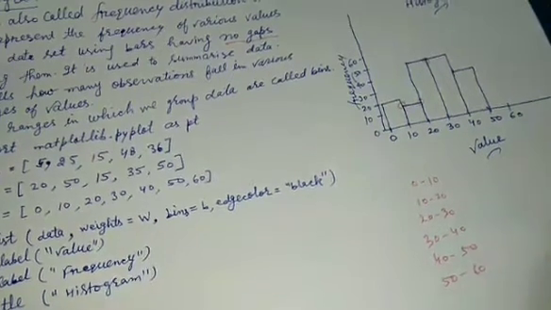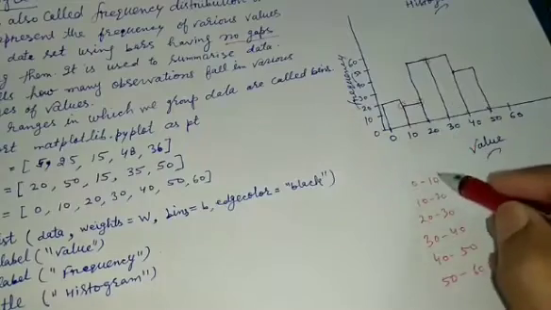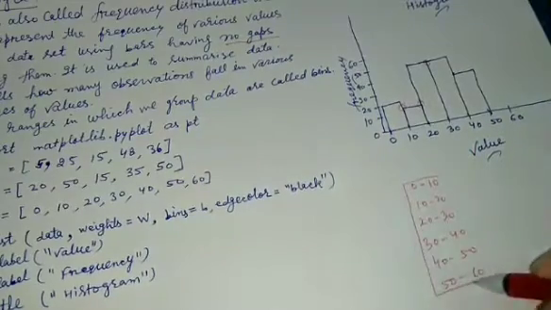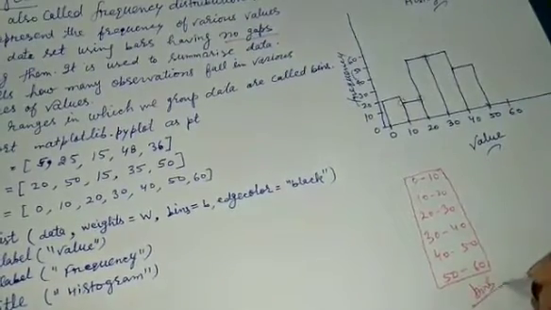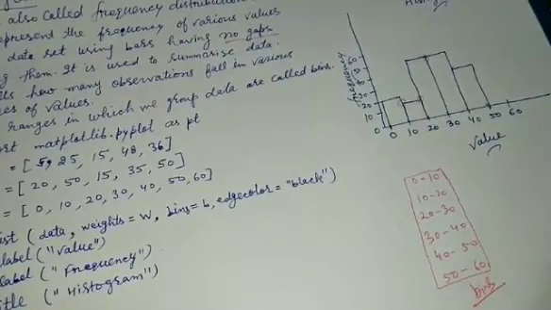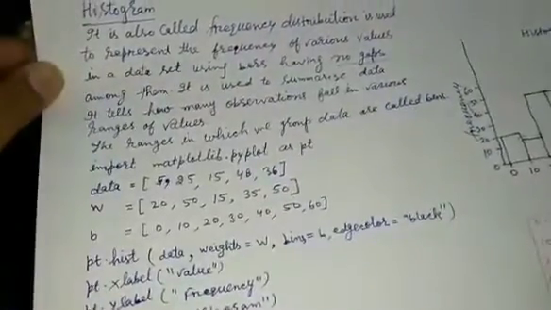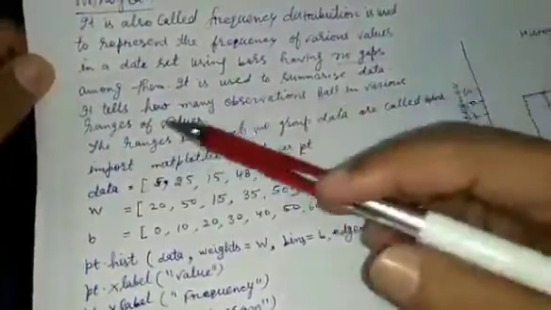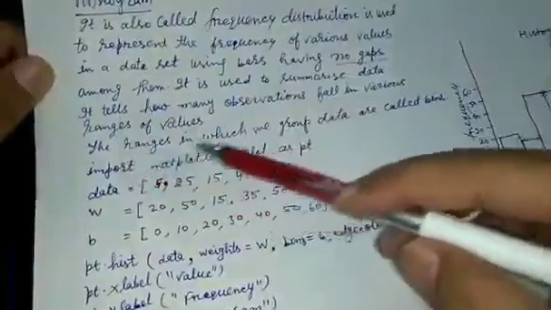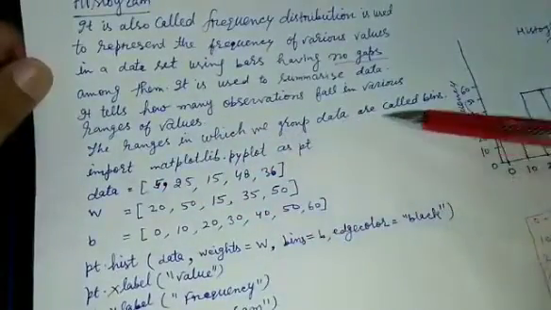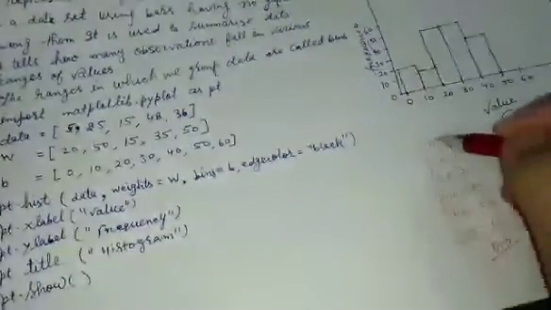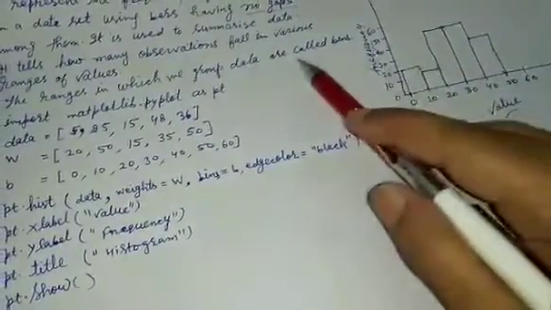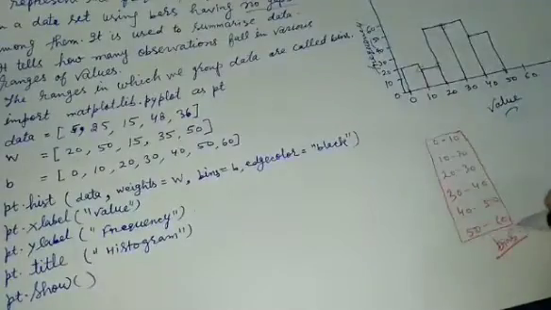This can be represented using the histogram, and these ranges are called bins in Python. Okay, so let's move to the next definition. The ranges in which we group the data are called bins. So these are the examples of bins. When you write the definition of bins in your copy, write down this as the example.